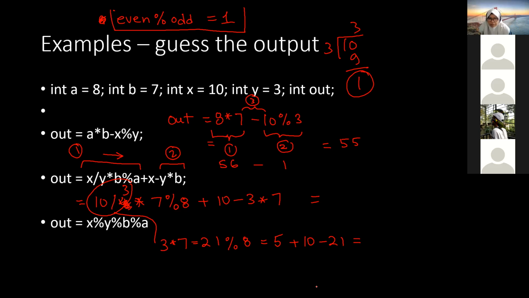Earlier someone said minus 6, that was right. Is 21 modulus 8 really 5? Yes, 2 times 8 is 16, so the remainder is 5. So the answer is minus 6.